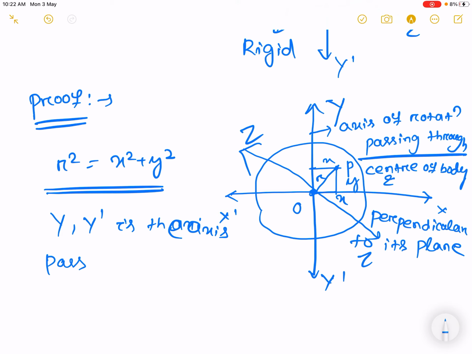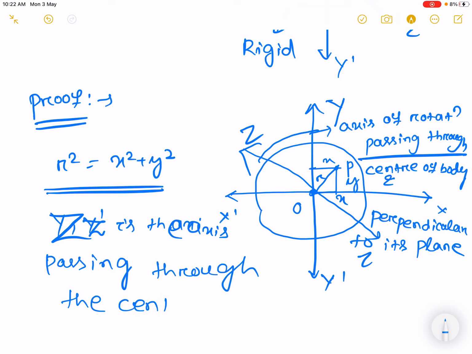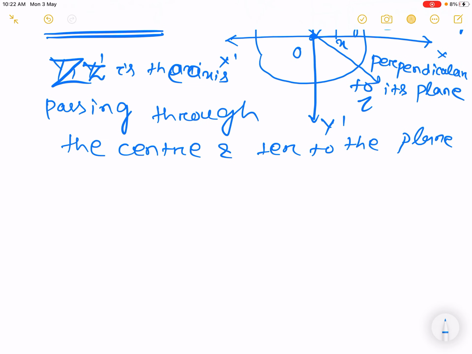Let z dash be the axis passing through the center and perpendicular to the plane. Then the moment of inertia about z axis is how much?